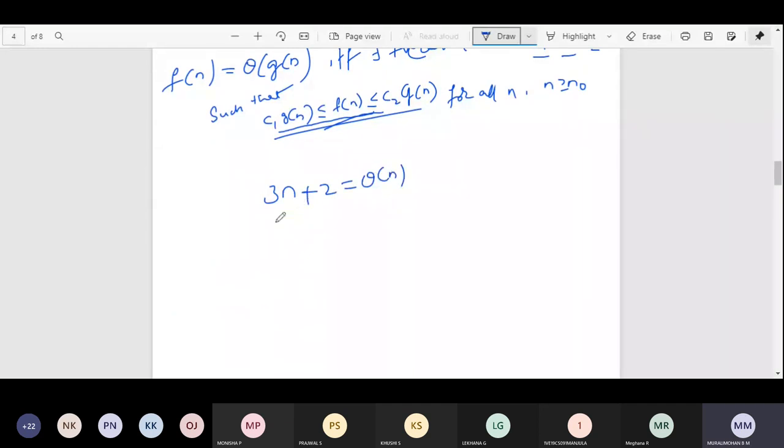Can we solve this one? We should prove that. So this is f of n and this is g of n. So here we should define the constants C1 and C2.